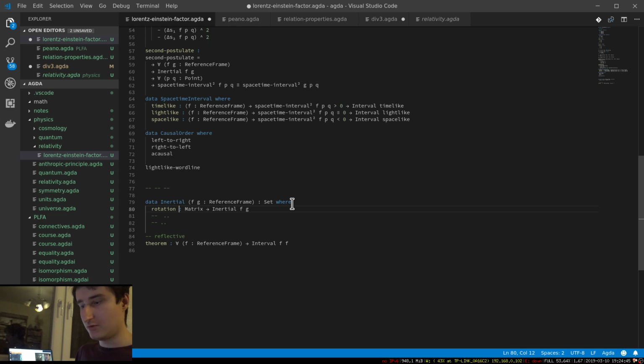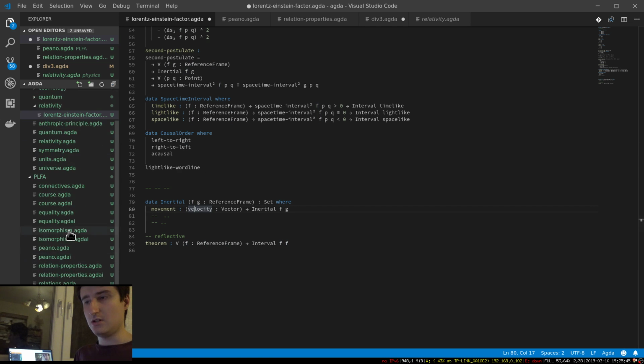Actually, no. An inertial frame is where there is velocity, so that, given a vector, which is a velocity, we say that this reference frame, I guess like this. But what would be in the reference frame itself? No idea.